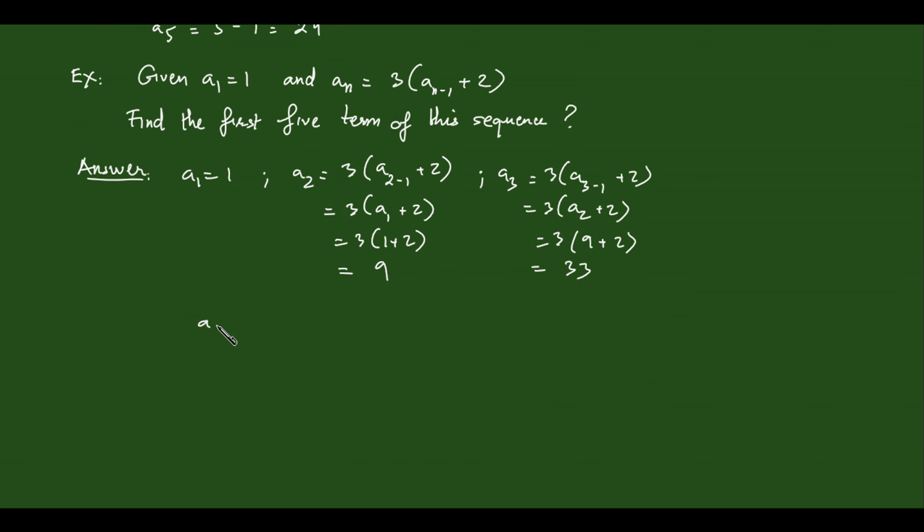A4 is equal to 105, and A5 gives you 321. Alright, so that is how you find the terms of the sequence given a recursive formula.